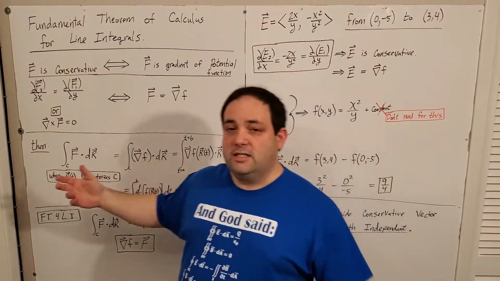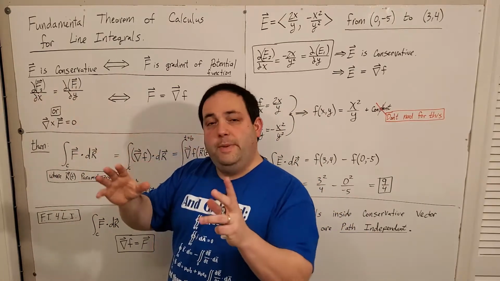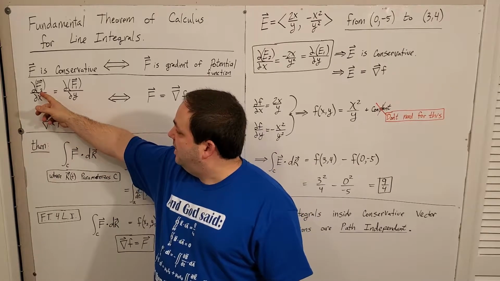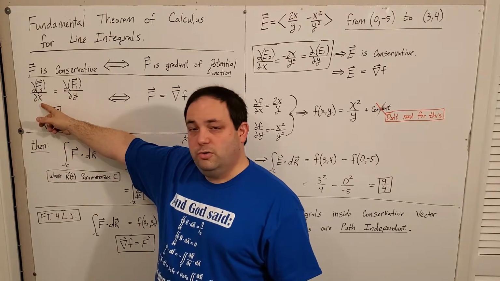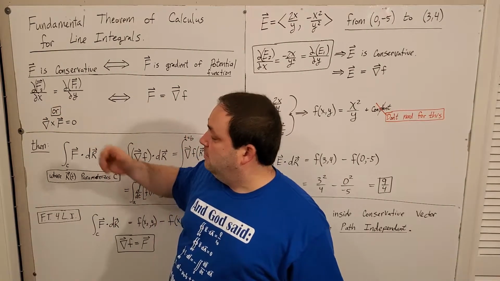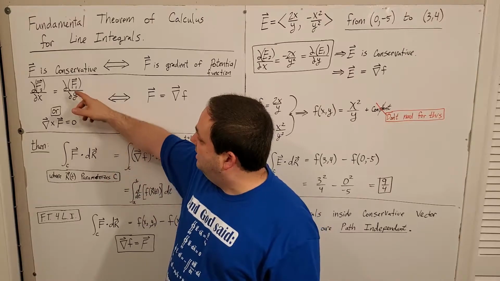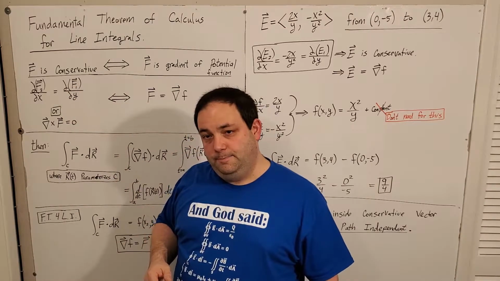And the way we test for a field being conservative for a two-dimensional field, right? We just say that the y component, the second component, partial derivative with respect to x, has the same result as the first component, partial derivative with respect to y.